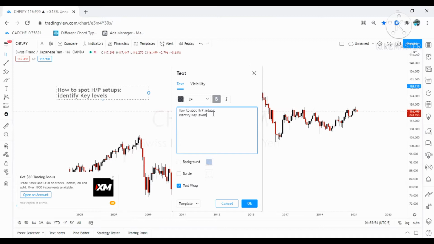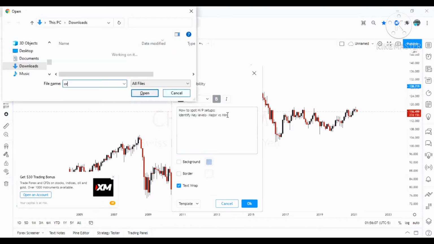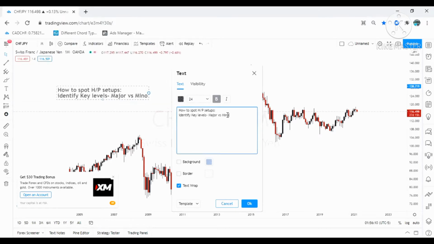Major levels versus minor. Then we talked about trends and being able to identify a trend.